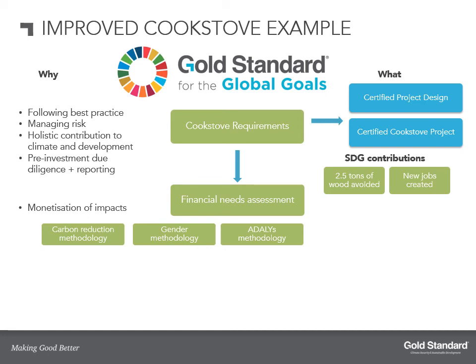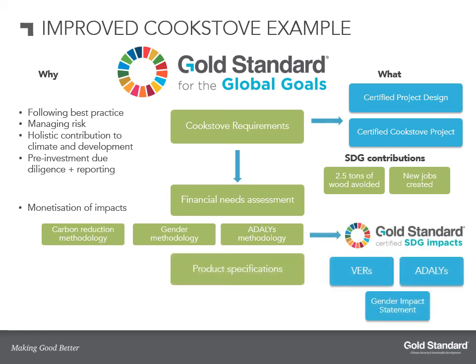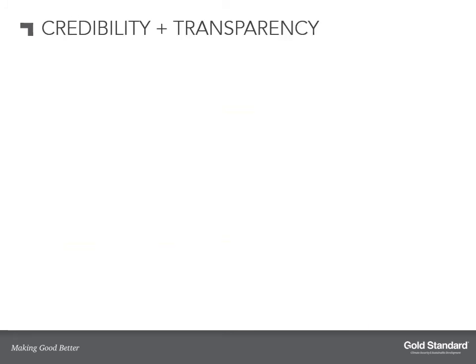And by undergoing performance certification, they would be able to claim Gold Standard certified SDG impacts, at which time the relevant products would be issued, in this case, VERs, A-Dailies, and an impact statement capturing the benefits related to gender. And they would have to follow the product specifications and claims related to each of those products.